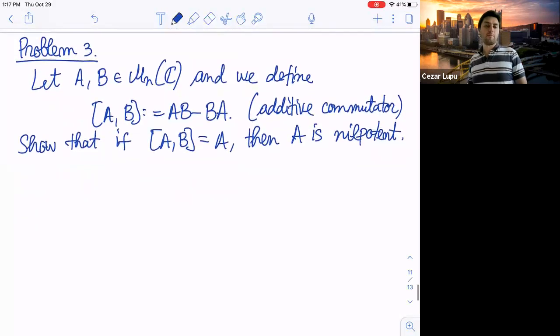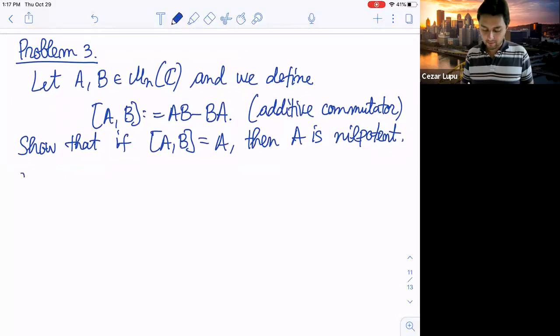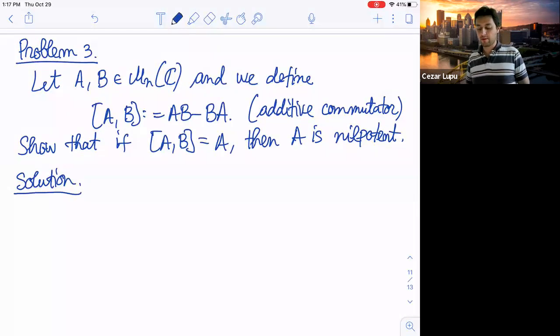Okay, look at this problem a bit. Think about it for a couple of minutes. So, let's see.